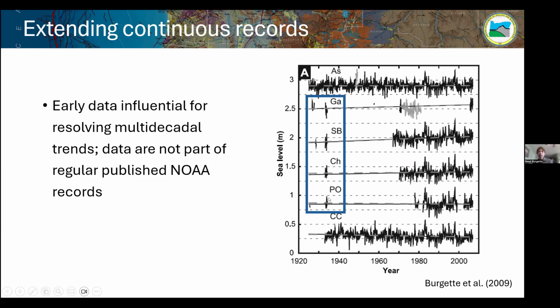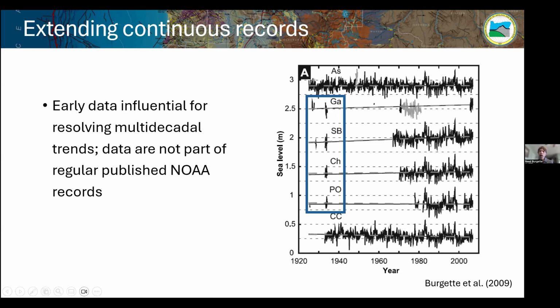And by putting in those old data and also finding the leveling history for the tide gauges, we could tie those old observations at some of these shorter duration tide gauges into the same vertical datum.